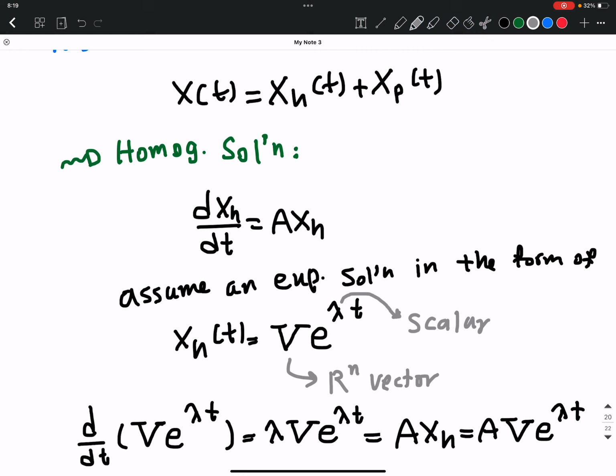In both of them you have e to the lambda t, which cancels out.